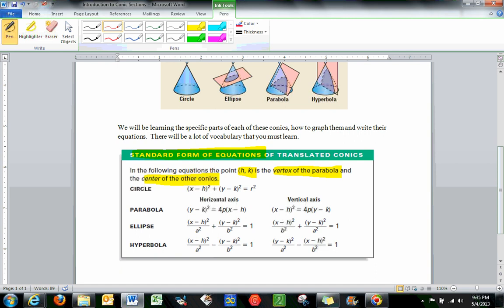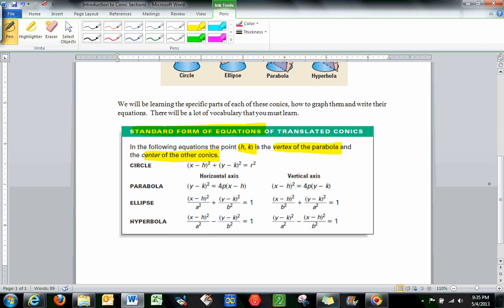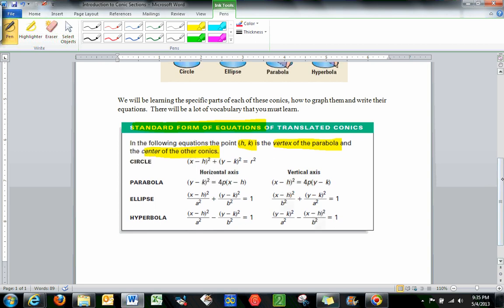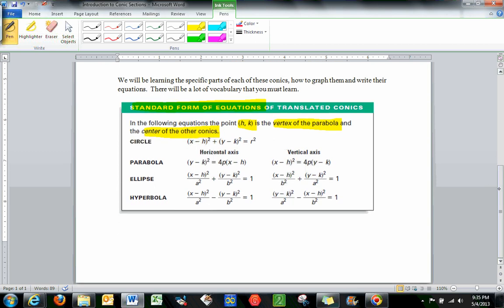Now, we'll also talk about the difference between horizontal and vertical axis conic sections, more specifically with each particular conic section. But the one thing I do want to point out more specifically is how to understand the h and the k. If you recall, the h and the k creates a shifting action, makes it slide left to right and up and down, thus moving the center or moving the vertex of the particular conic section.